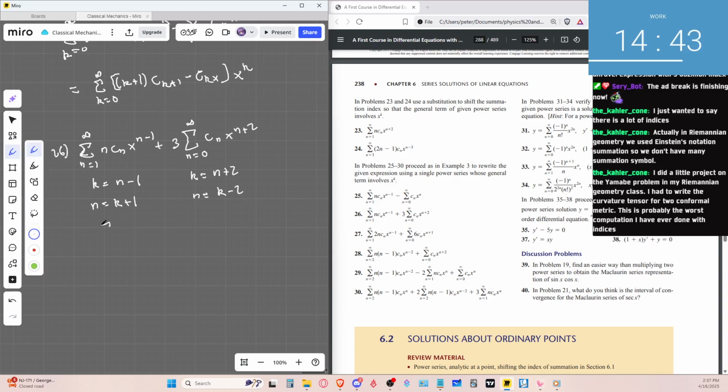according to this, we're supposed to write it like this, and since n is equal to k1 plus 1, thus k1, then this would be equal to k.